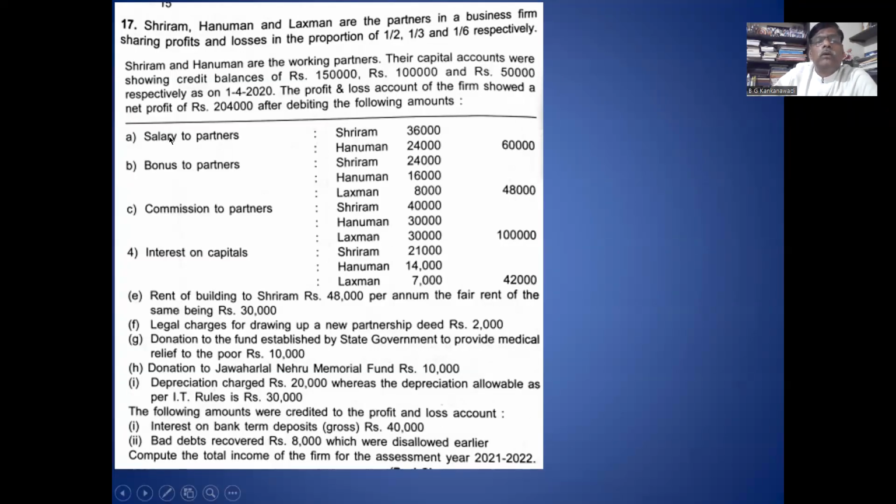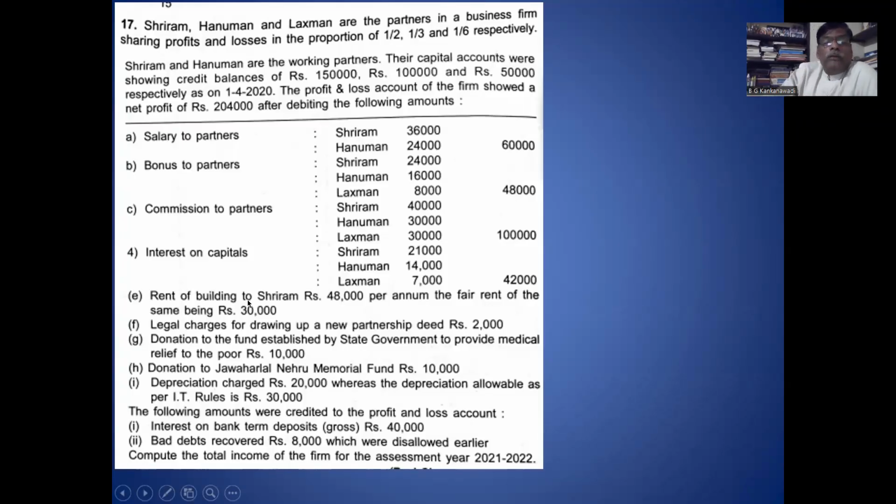Salary to the partner is disallowed. Bonus to the partner is also disallowed. Commission to the partner is disallowed. Interest on capital is allowable up to 12% of capital. More than that is disallowed.